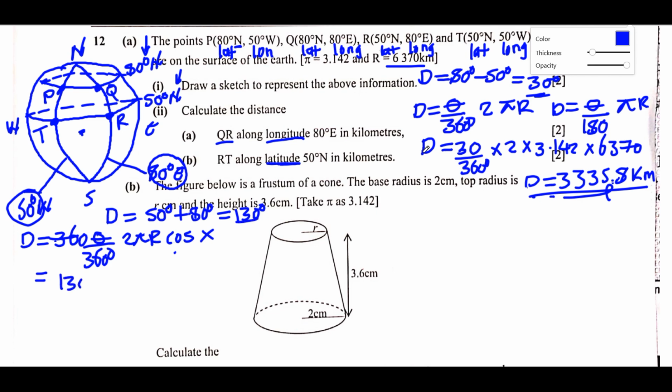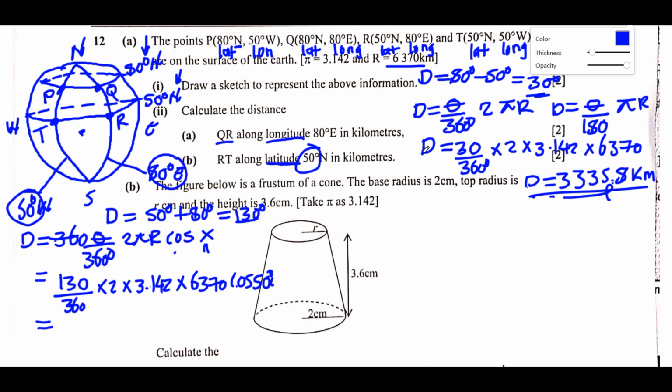So we have 130 over 360 times 2 times 3.142 times the radius 6370 times cos x. What are we supposed to put for x? It is the latitude mentioned, so the latitude mentioned is 50 degrees north.